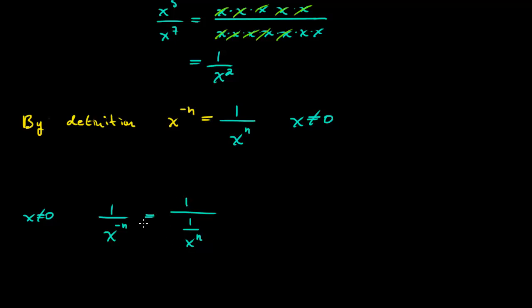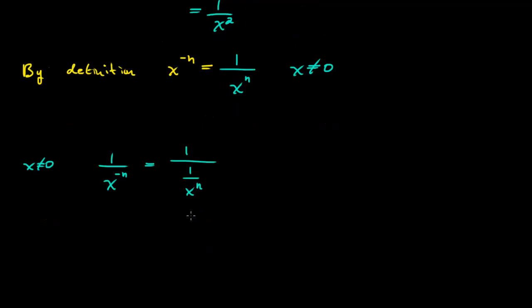So what does this mean? If I have 1 over 1 divided by x to the n, well, remember that this fraction bar just means division. So this is actually equal to 1 divided by 1 over x to the power of n.